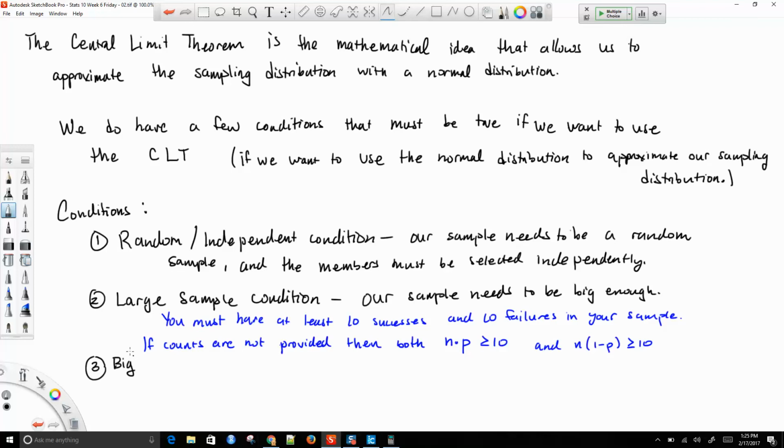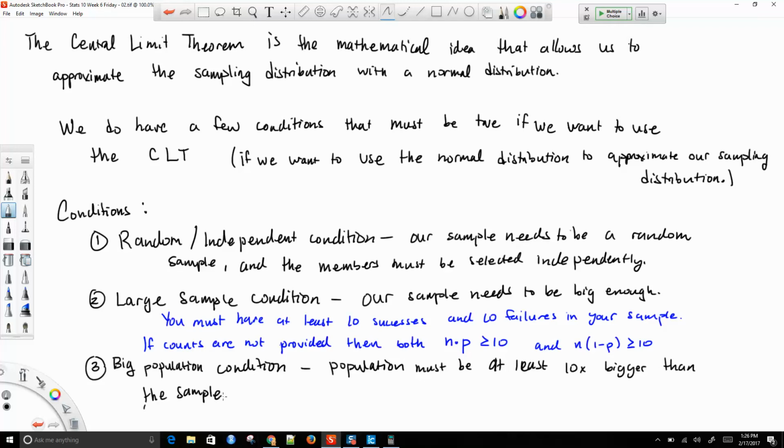Okay, and then the third condition, we'll call this our big population condition. This means the population must be big compared to your sample, okay? The population must be at least 10 times bigger than your sample, or you sample with replacement.